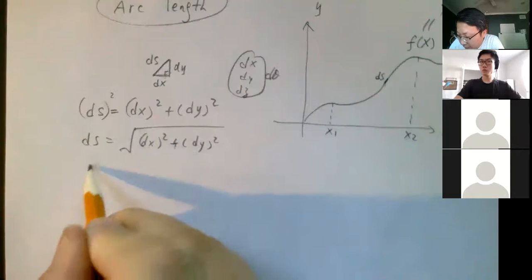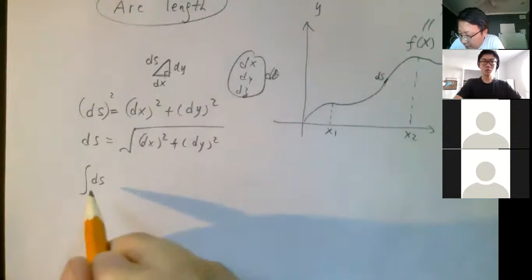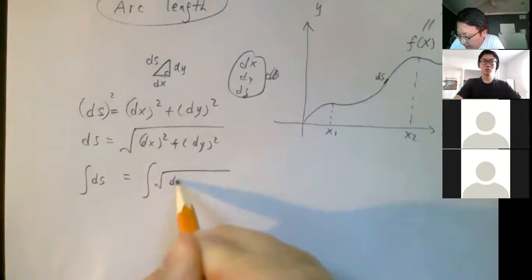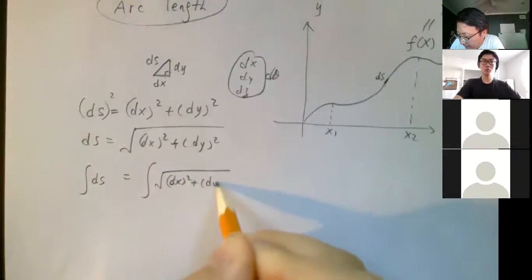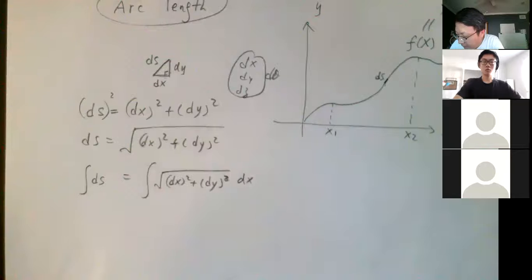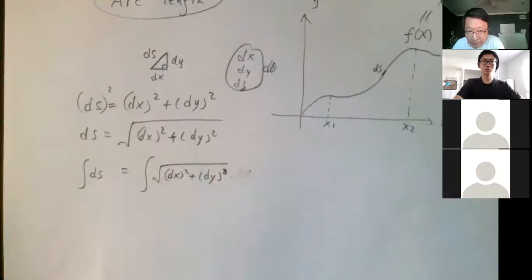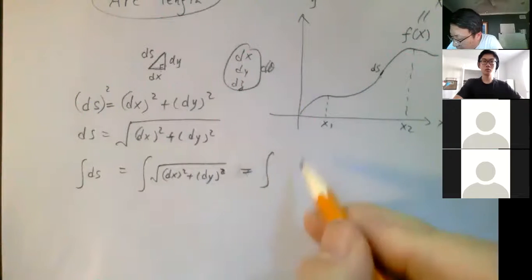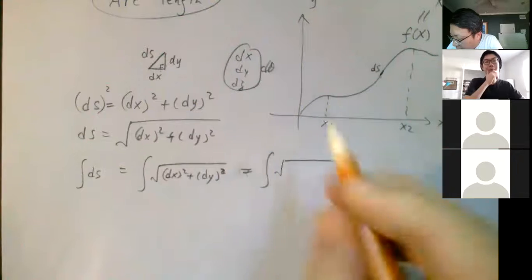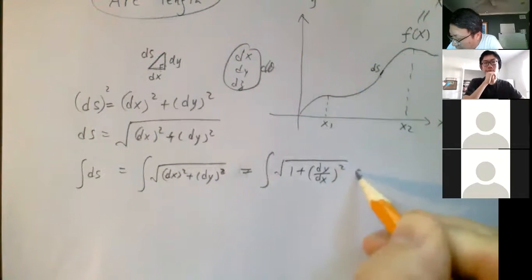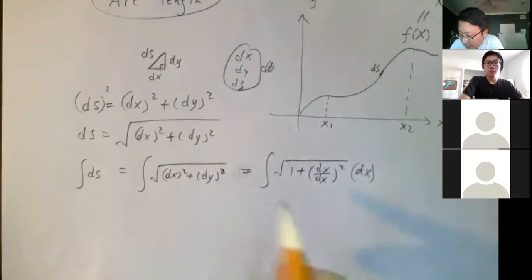what I do is integrate ds, and it becomes the integral of this whole thing. Here, the treatment we can do is, if I take dx out, this equals the square root of 1 plus dy over dx squared, times dx, right?